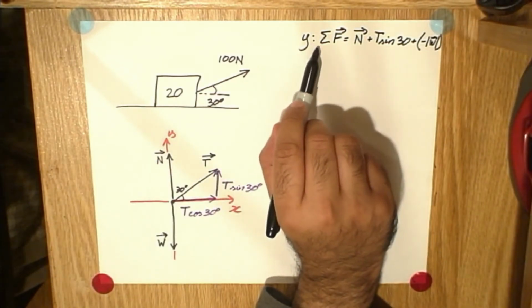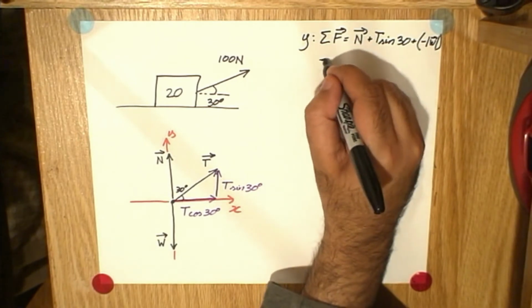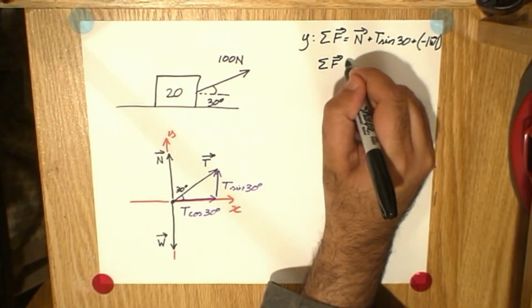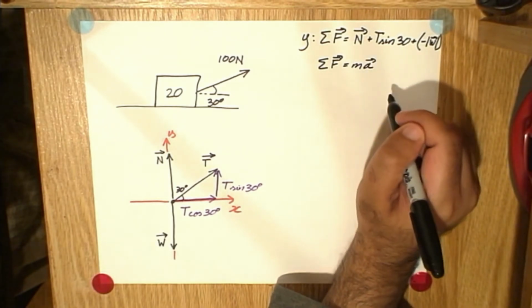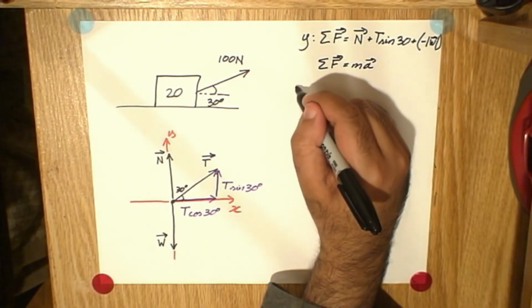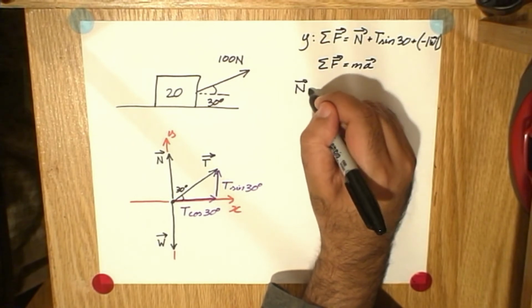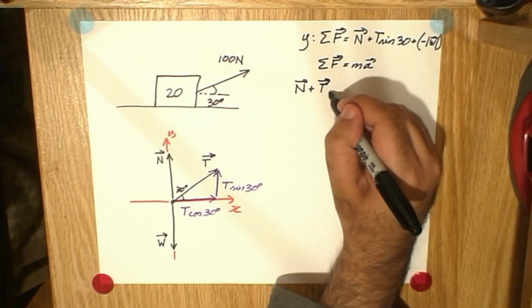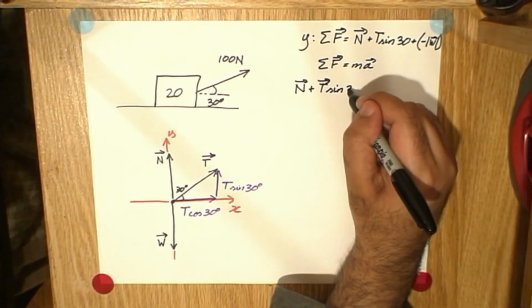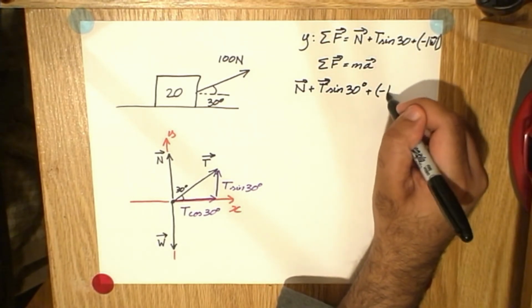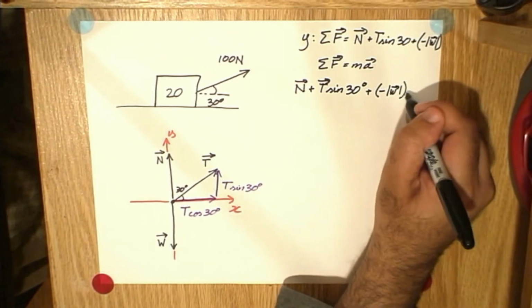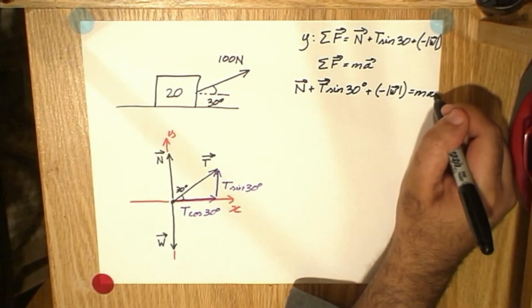Now, let us take this total force over here. We know that this total force must be equal to mass times acceleration. So, normal force plus T sine 30 degrees plus negative weight is equal to mass times acceleration.